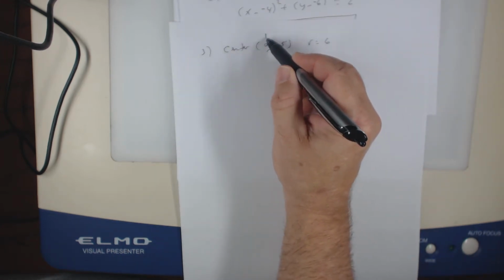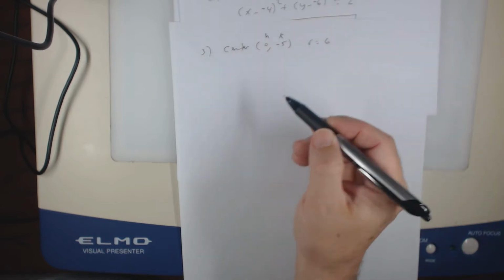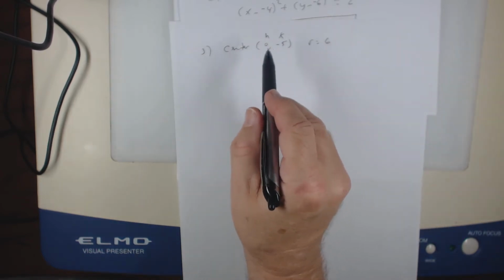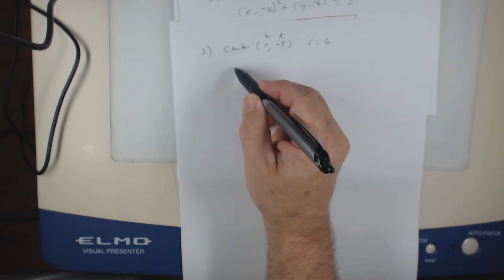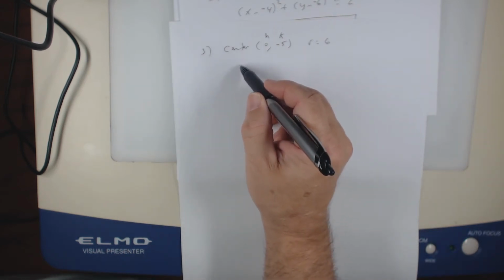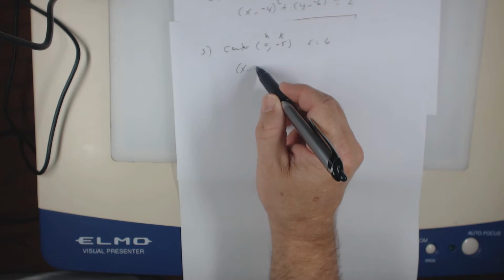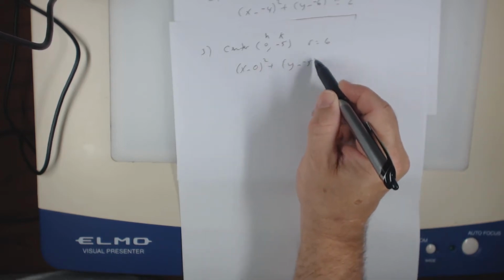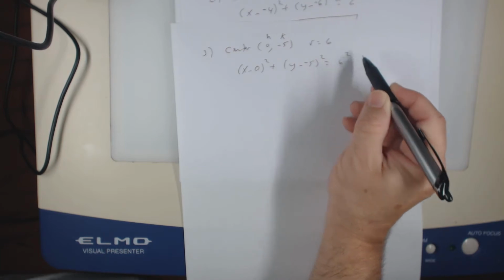H is 0. K is negative 5. Now, again, you can skip that step, but be careful with the 0. So in your mind, you're really thinking x subtract what, 0, squared, plus y subtract what, negative 5, squared, equals 6 what?